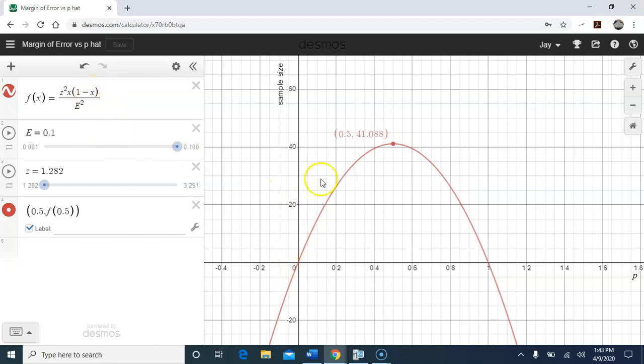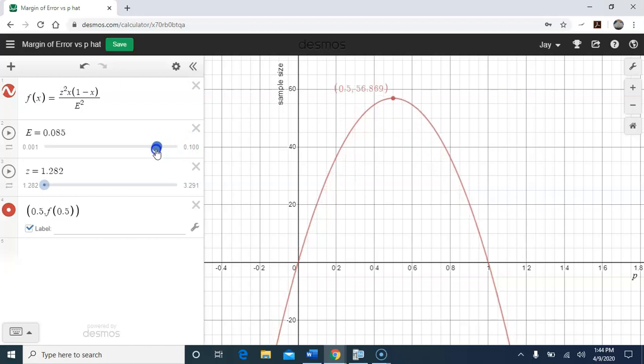And this turns out to be an upside down parabola. And this upside down parabola always has its maximum at a value of p of 0.5. If I change what I want the margin of error to be, that will change the shape of the parabola, but the peak of the parabola, the maximum sample size I would ever need, still occurs at a p of 0.5.